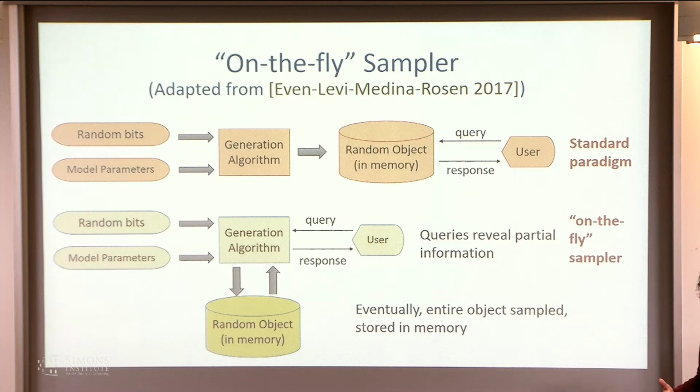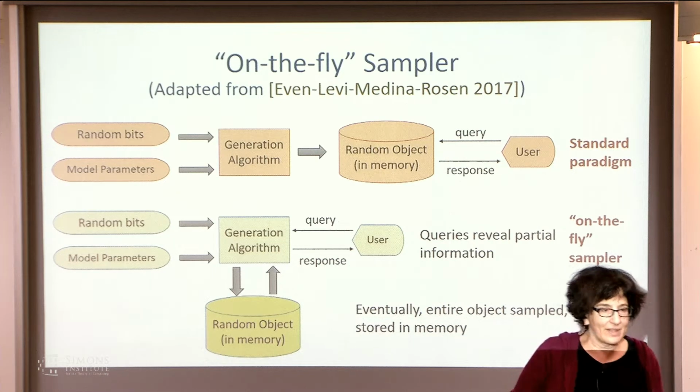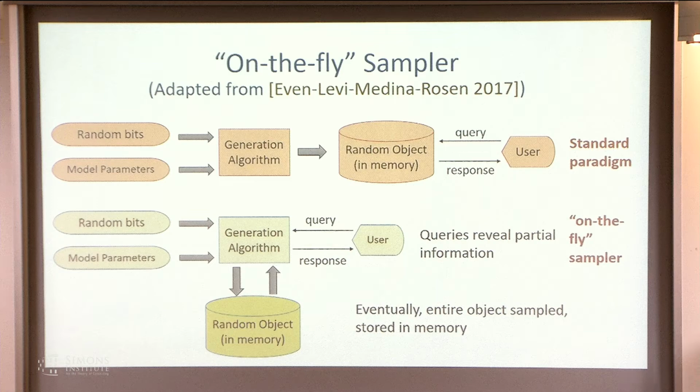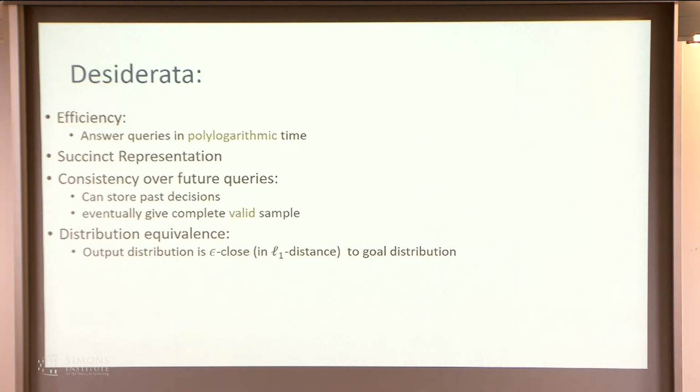The main requirement is consistency. It needs to be consistent, and the thing needs to come from the right distribution in the end, not just appear random, but actually be from that same distribution. So what we'd like is to be able to answer the queries in polylogarithmic time.